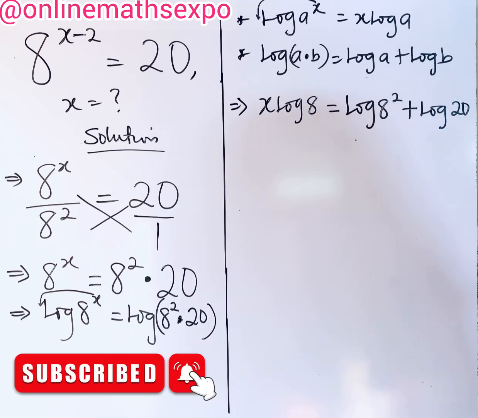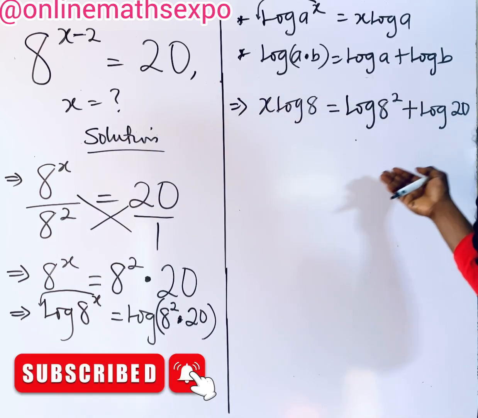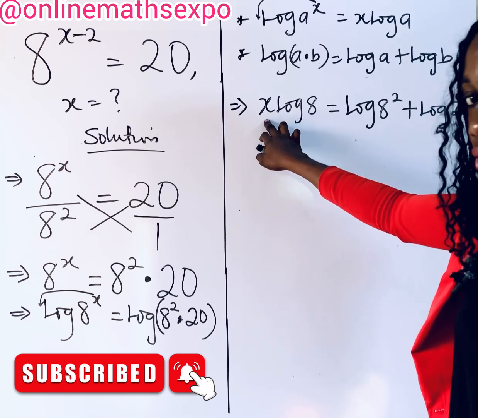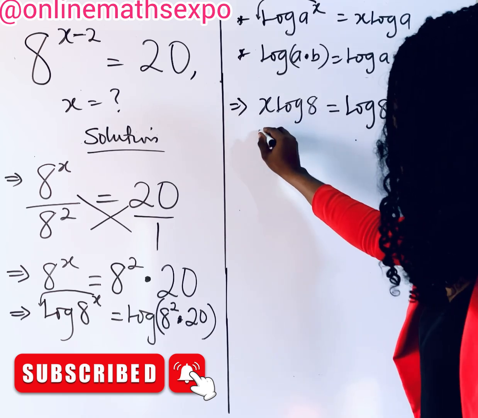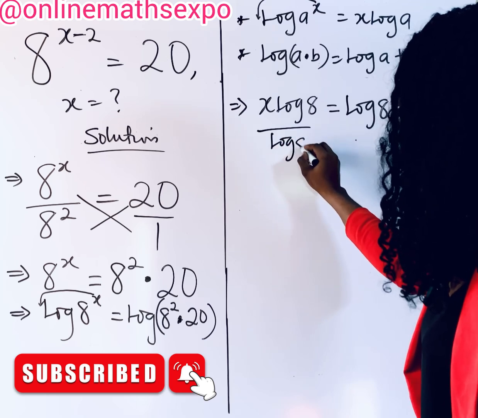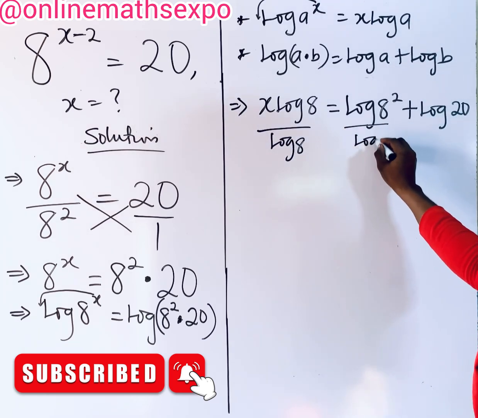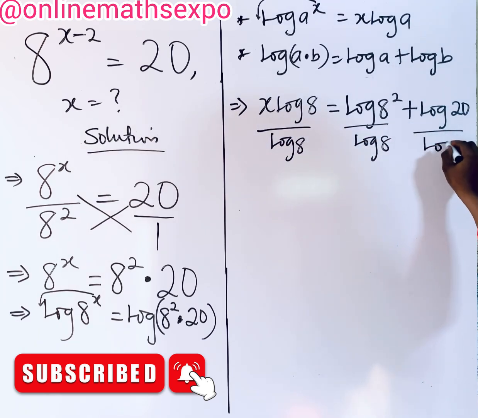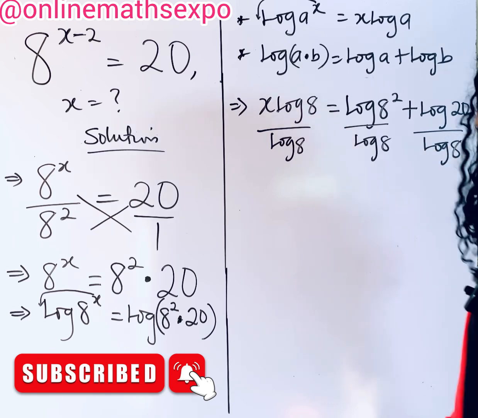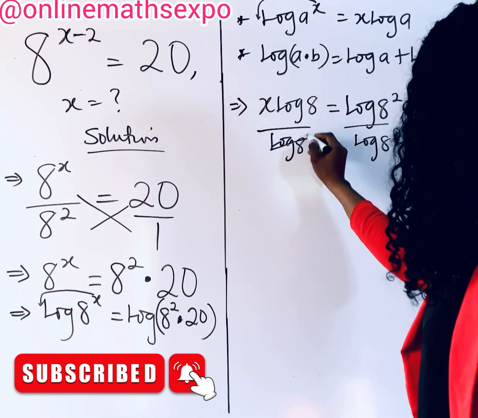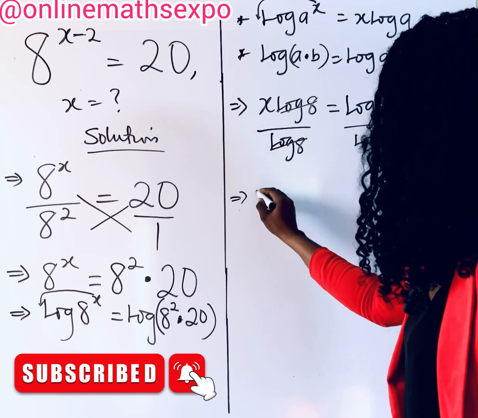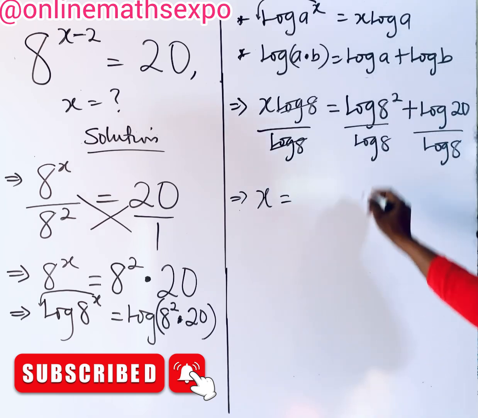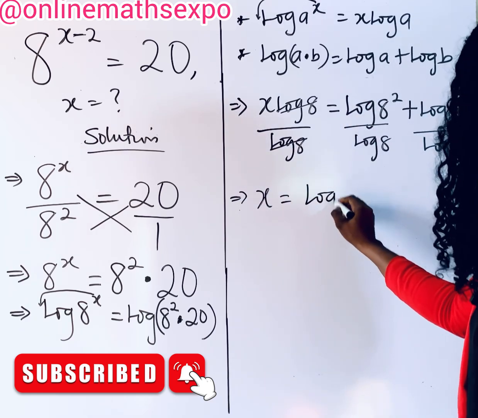Interesting. So what do you do next? We keep simplifying. Now remember, it's x you want to find. And because x is multiplying, you divide both sides by log 8. Divide this by log 8, and also divide this by log 8. Interesting. So what do you do? This takes off this. And you're going to have x is equal to, now we have log of 8.